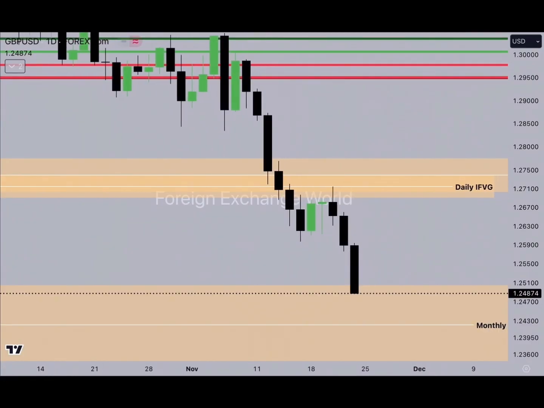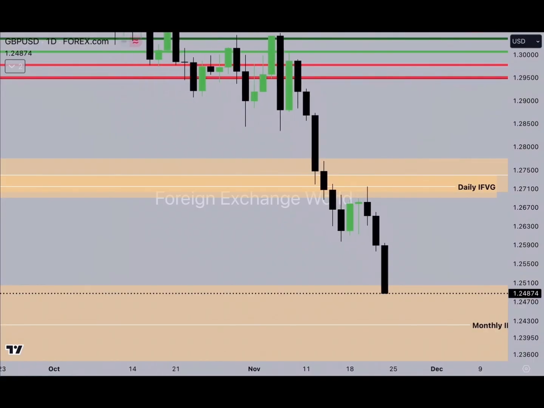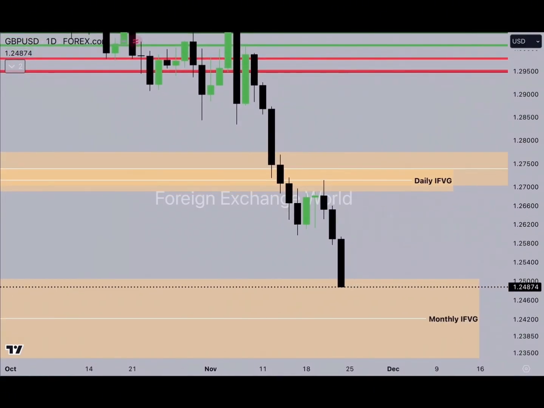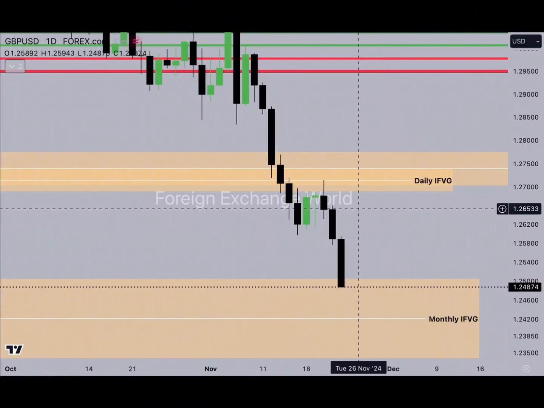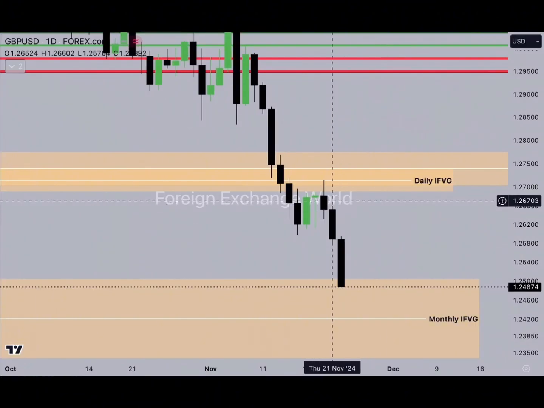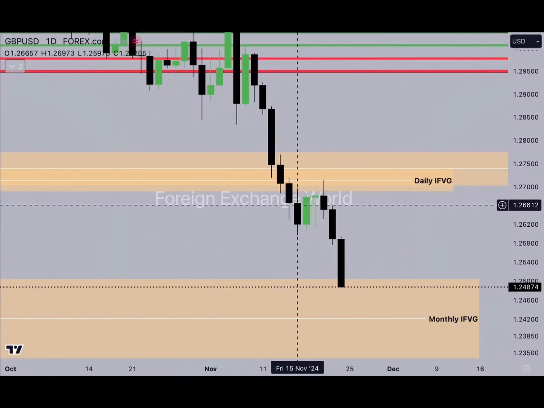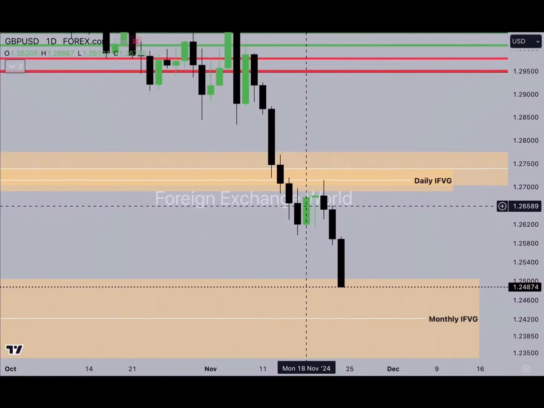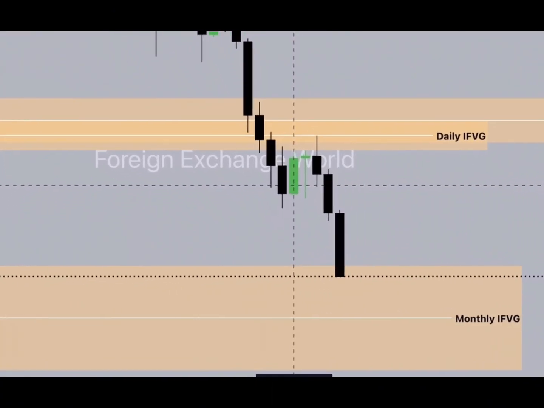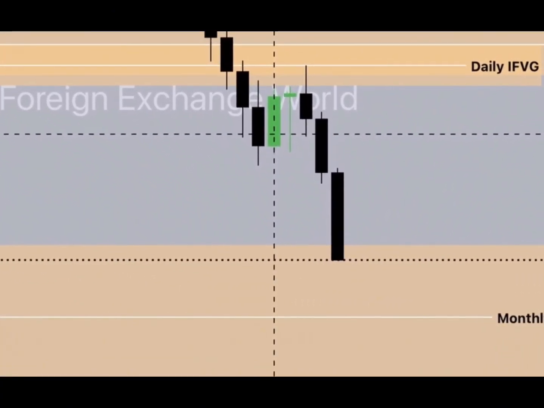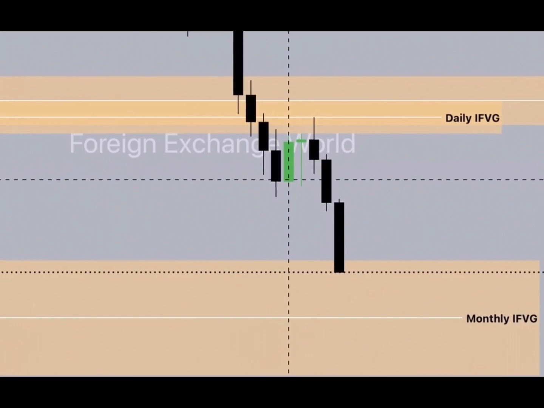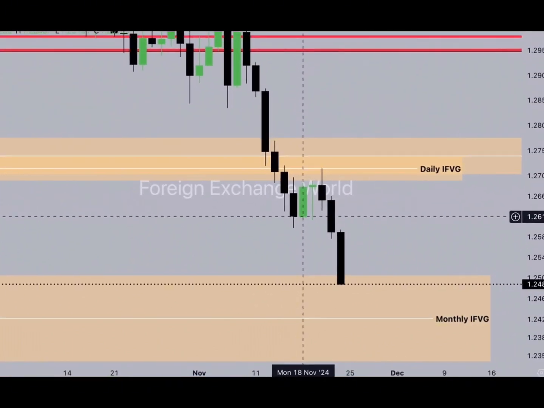Now we are looking at the daily chart of GBP USD. Now we are looking at the confluence of PD arrays. This candlestick that I'm highlighting here is the 18th of November 2024, which was Monday, when the market opened.